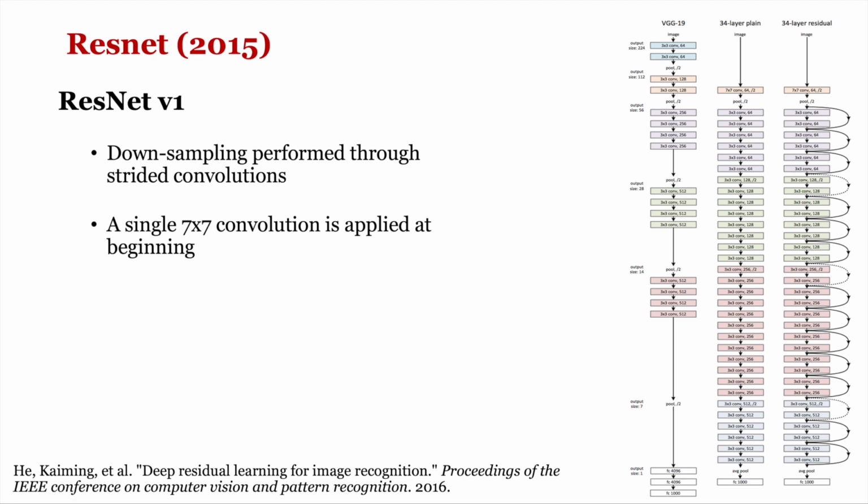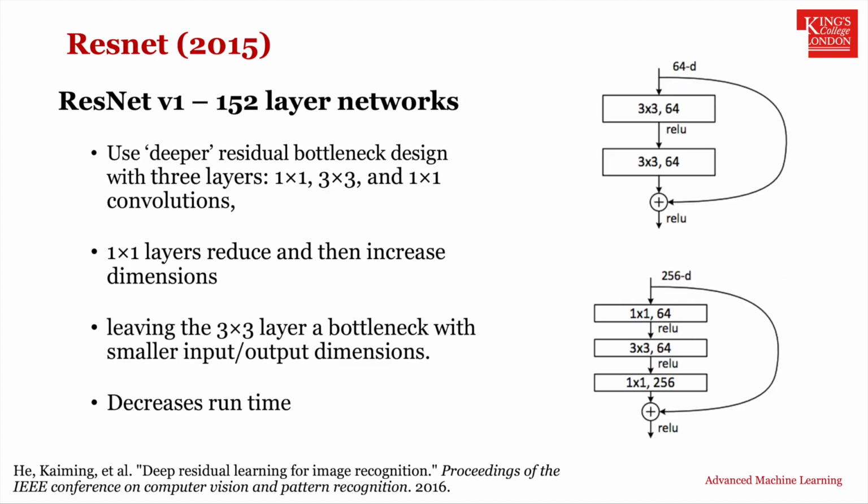Downsampling is indicated by these dashed lines between these groups of residual blocks, where after the first max pool, these are always performed by strided convolutions implemented for the first residual of the block. So this here represents a 34-layer residual net.